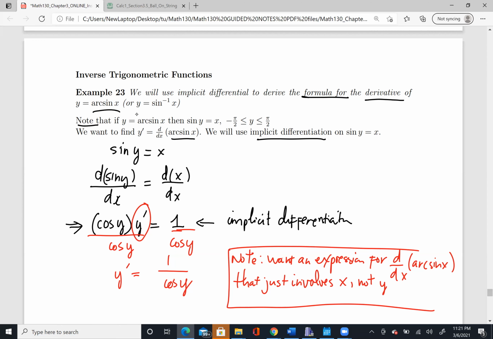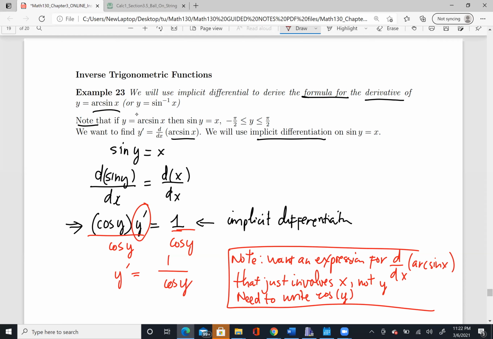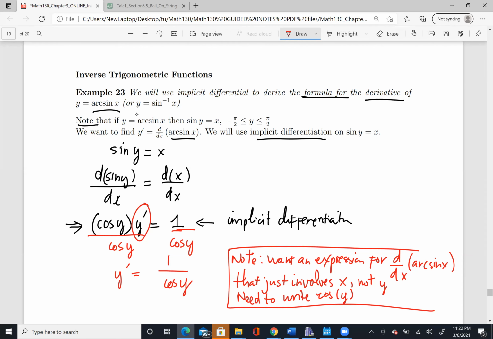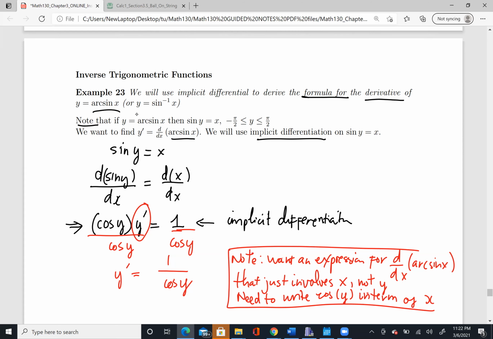So we need to write cosine y in terms of x, right? You need to write cosine y in terms of x.